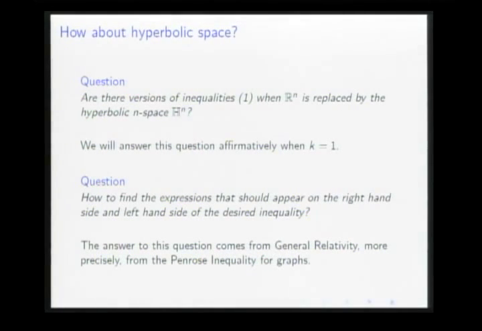We don't even know what expression you have to work with. And what is really interesting is that the answer to the second question comes from general relativity, and precisely from the Penrose inequality.